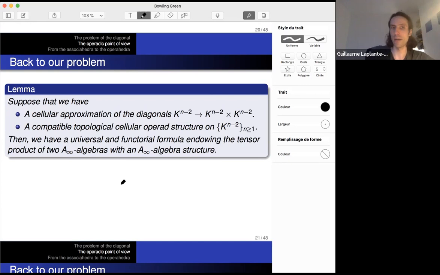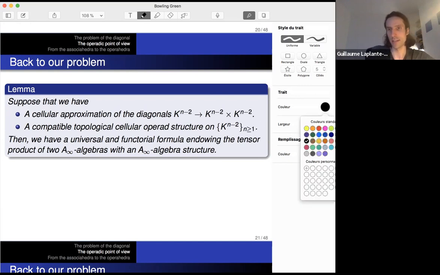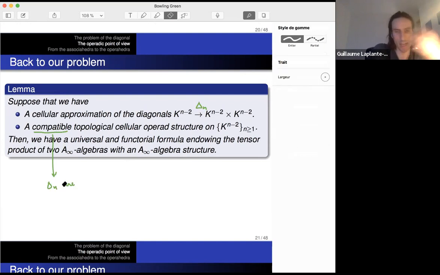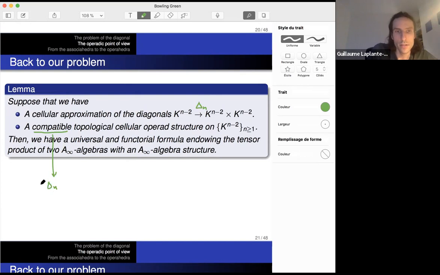By compatible, I mean that these morphisms, let's call them delta n, are gathered together to form a morphism of operads between the operad structure on the associahedra and the operad structure on the Cartesian product of associahedra.